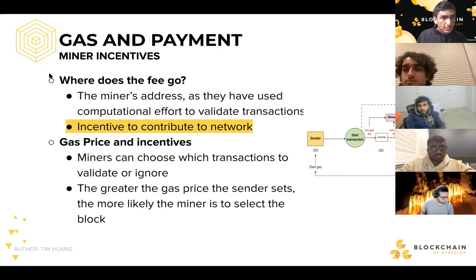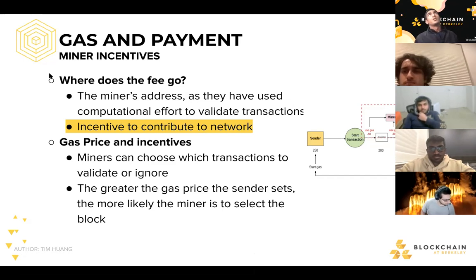Okay, so questions. The total amount of gas in the entire economy must be limited then, right? There's only so much hardware that can process transactions. So it's not limited by any hard number. It's limited by the hardware in the network.